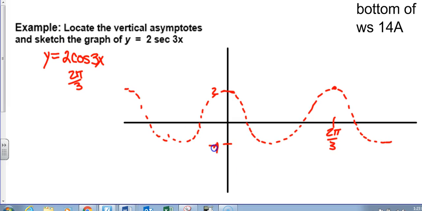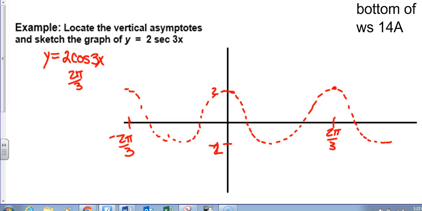Yeah, this should be -2. Sorry, I don't know why that said -1. I don't know why I always draw more cycles of this than I do other kinds of graphs, but it just feels like I need to. That's enough for right now, right? Where are there going to be asymptotes when we flip it over?